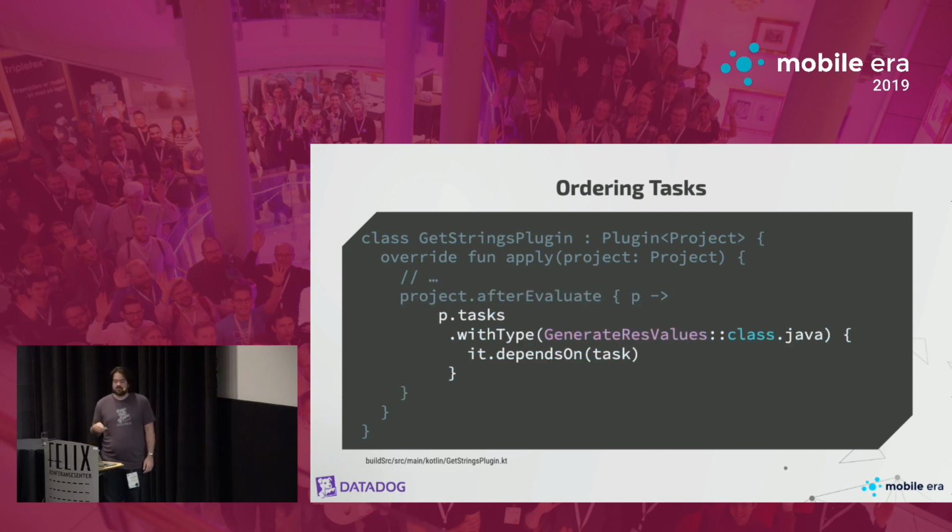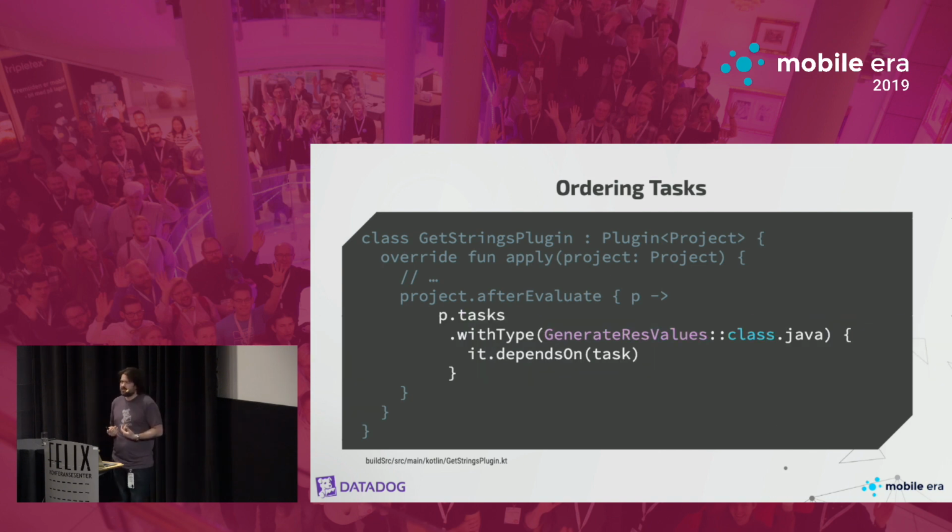And so then I'm going to just find all the tasks that have the generate_res_values class, which is the task that's going to read everything in your res folder, and it's going to generate the r.id and r.string and r.layout that you can use in the code.